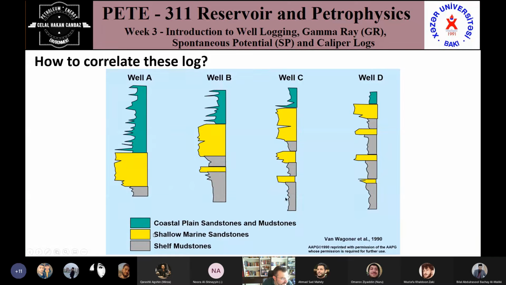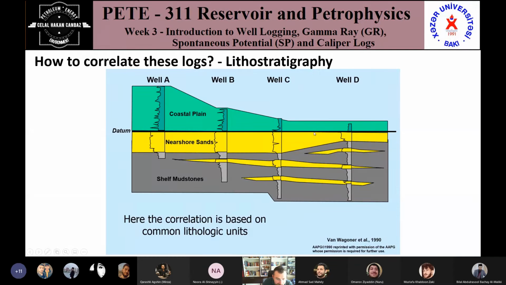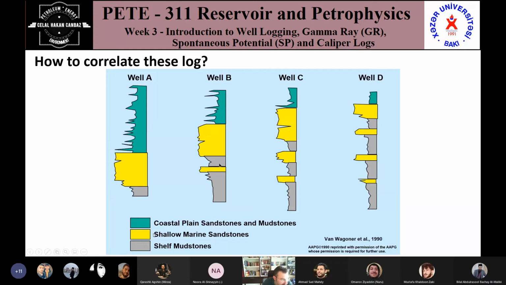From one to another it changes, as you can see. For example, when this formation comes to this part, a shallow marine sandstone came inside, somewhere here, and divided this part into 2 different parts, and this becomes like this in well C.